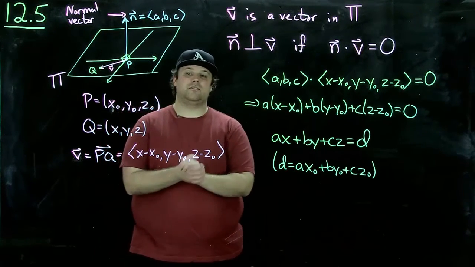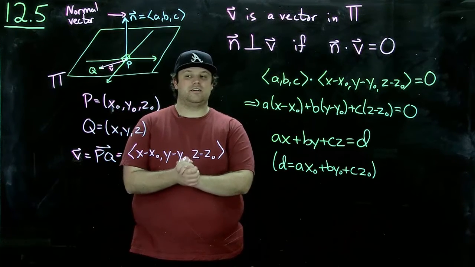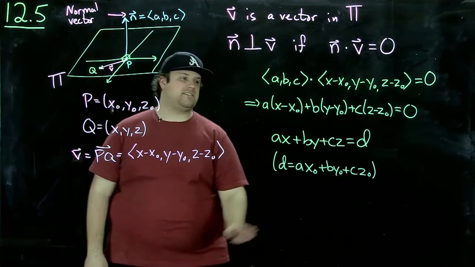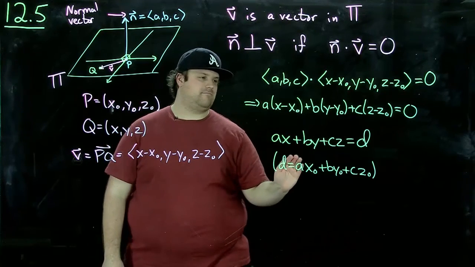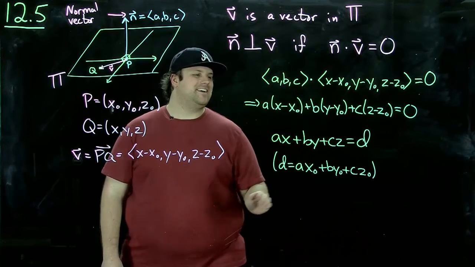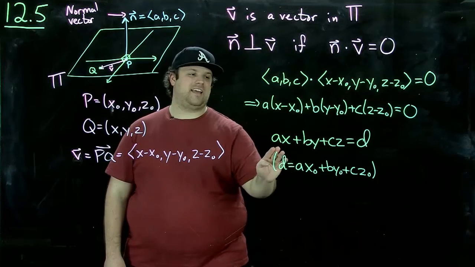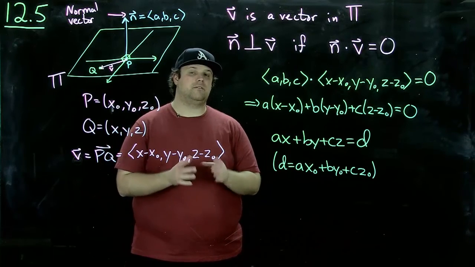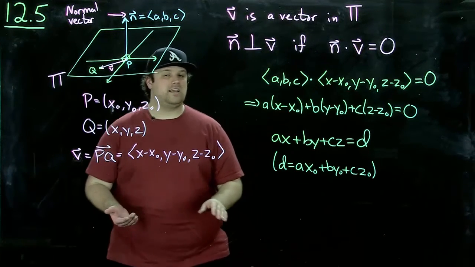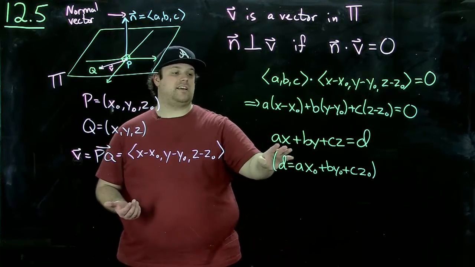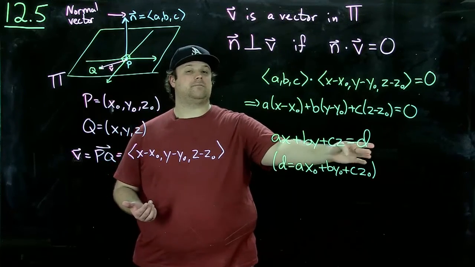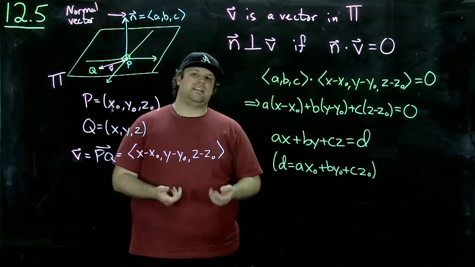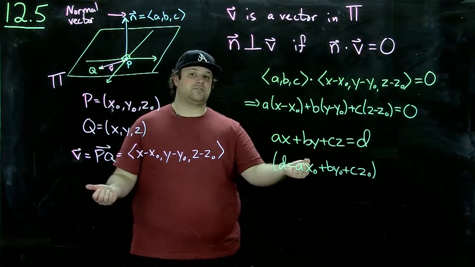One thing please don't get confused on: remember when we're back in the xy plane, ax plus by equals d would be a line. Right? But in three-dimensional space, if we have an equation that looks like ax plus by plus cz equals d, this is now a whole plane. Right? And that's a consequence of adding on that extra direction.